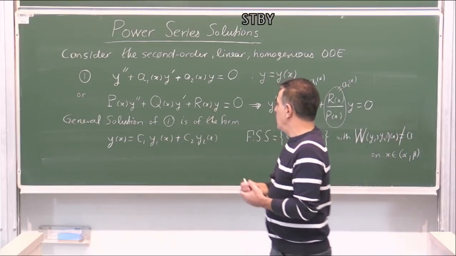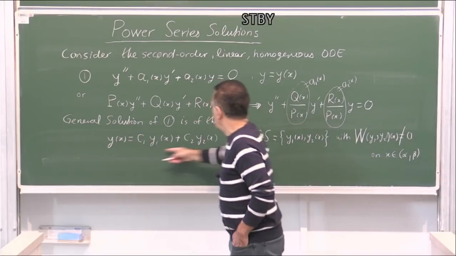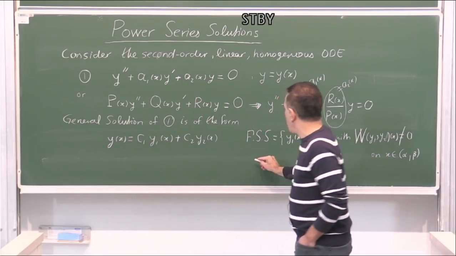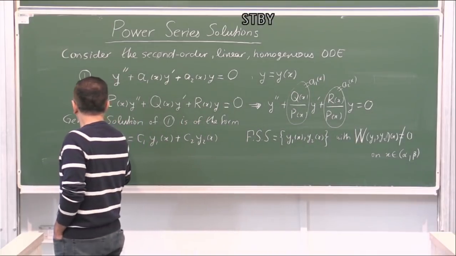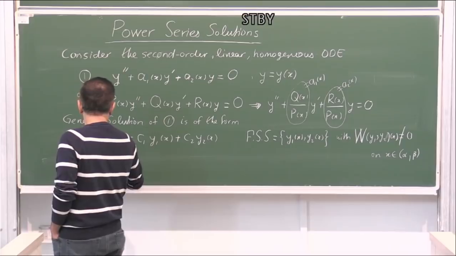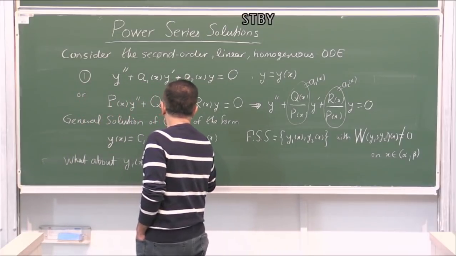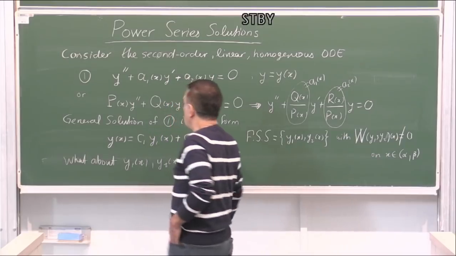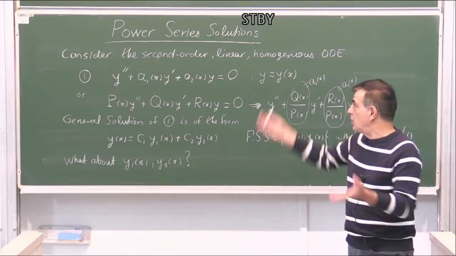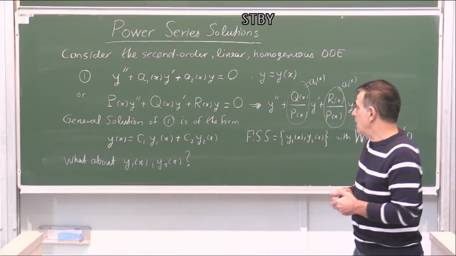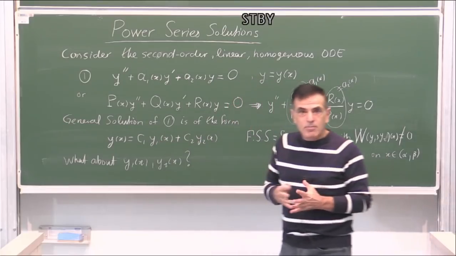Now, the theory is very well known. The solution is of the form, so we have to find y1 of x and y2 of x. We know that there exist two linearly independent solutions for the second order ODE, and the general solution is the linear combination of them.